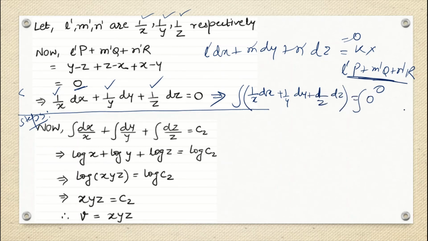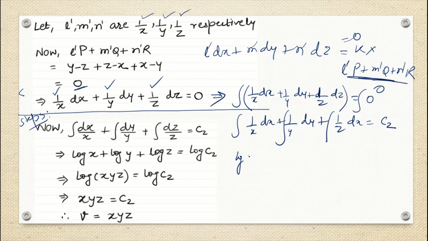Integration of the right side also I am writing down: 1 by x dx plus 1 by y dy plus 1 by z dz equals, just some name, C2. Integration of 1 by x dx is log x. Integration of 1 by y dy is log y, plus log z. And this is nothing but C2.